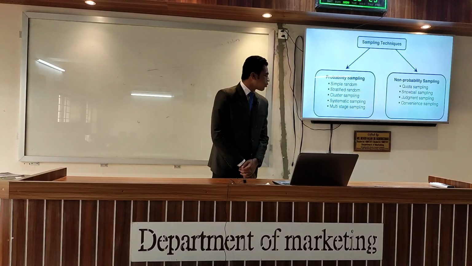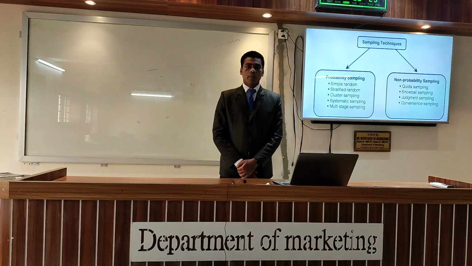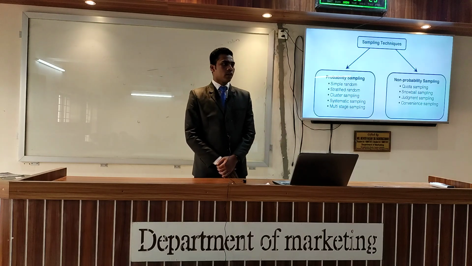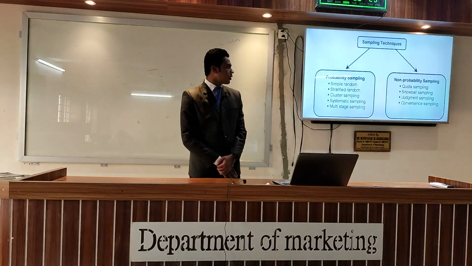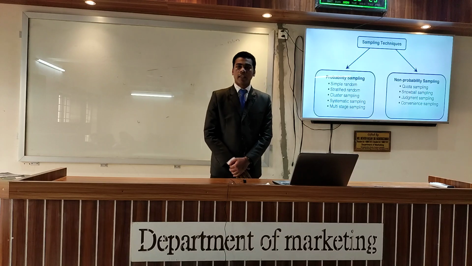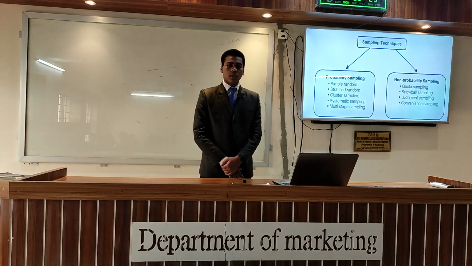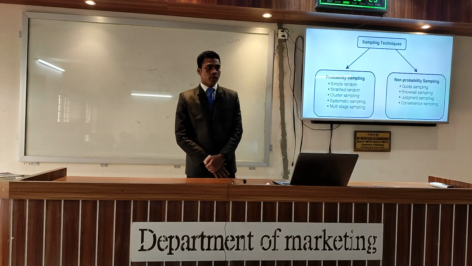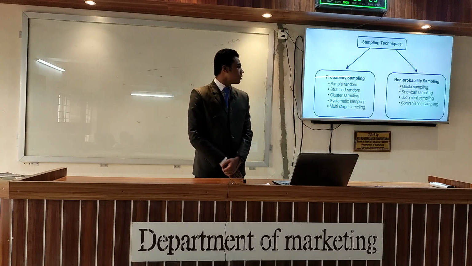And the next one is snowball sampling. Snowball sampling is that type of sampling. By this way, the researcher finds out the special characteristics of the respondent. And the third one is judgment sampling. Judgment sampling: by this way, the researcher observes the respondent by his own observation and own judgment.